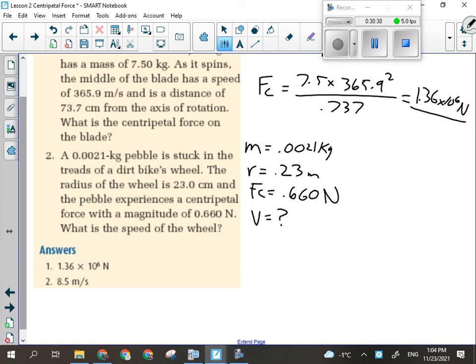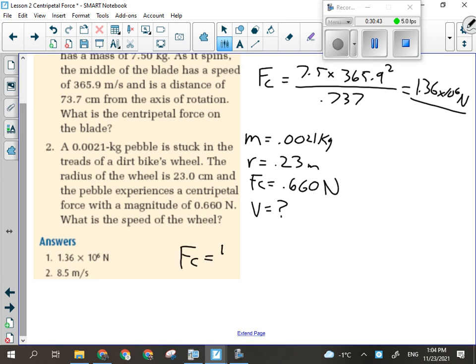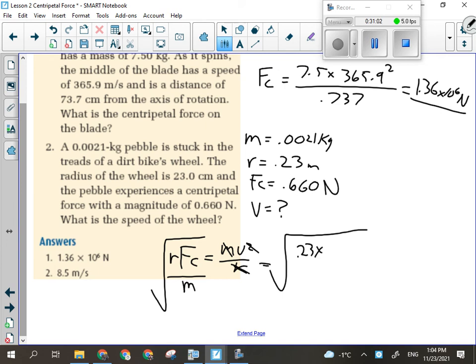On this one, we do have to do a little bit of algebra, but nothing we can't handle. We manipulate the formula, mv squared over r, for V. We multiply both sides by r, divide both sides by m, and then square root to get V. So we'll have the square root of 0.23 times 0.660 divided by 0.0021, and that should give us 8.5 meters per second as the speed of the pebble in the tire.